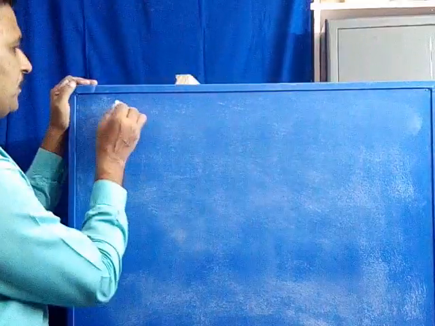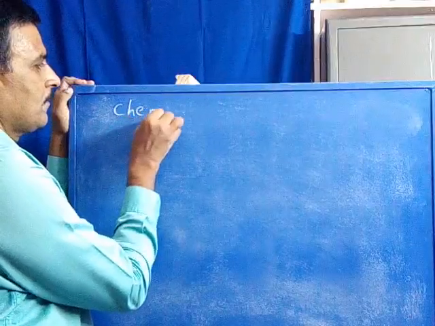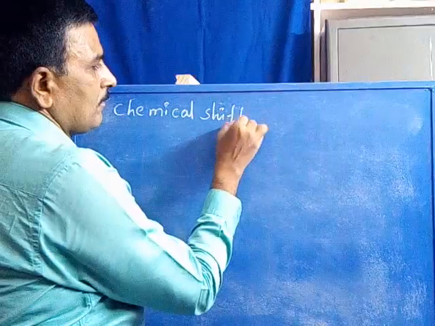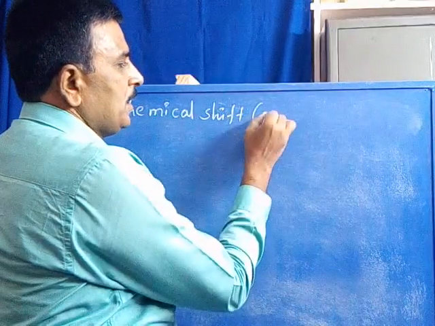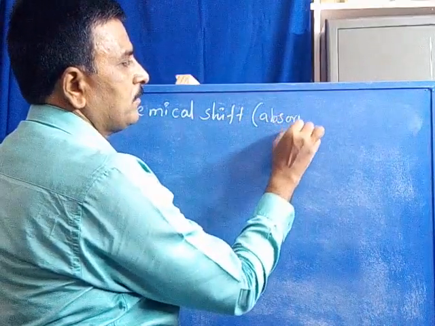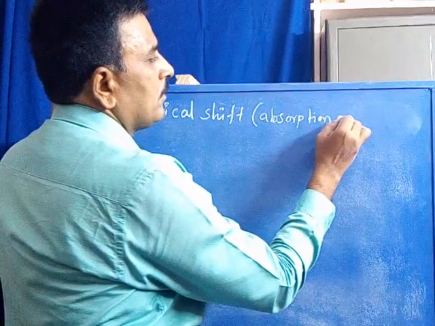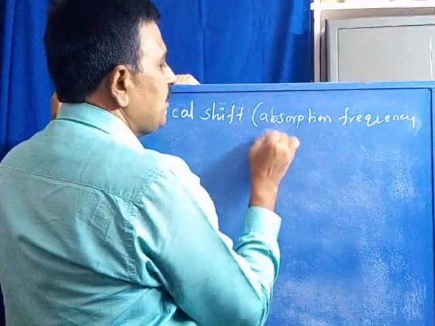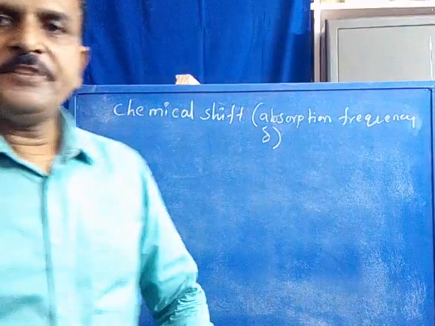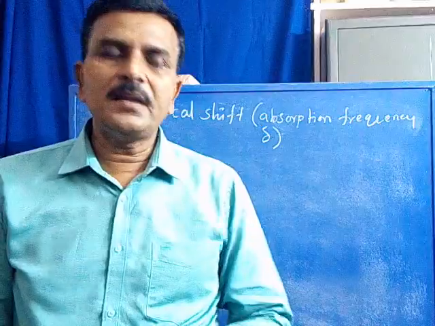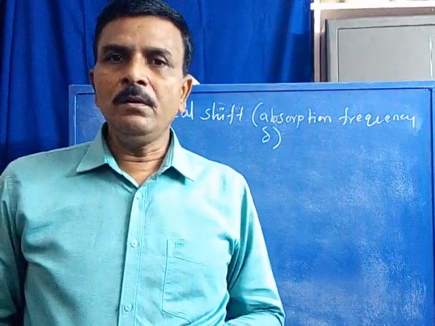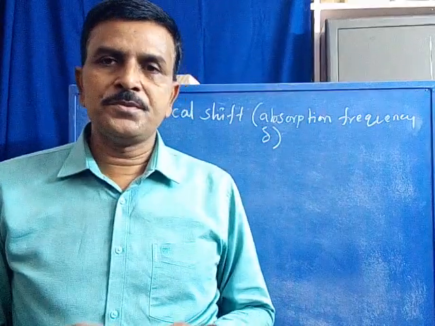Now coming to the next topic, that is chemical shift, or absorption frequency, that is delta. Now we have an unknown molecule, or a molecule with n number of sets of protons.